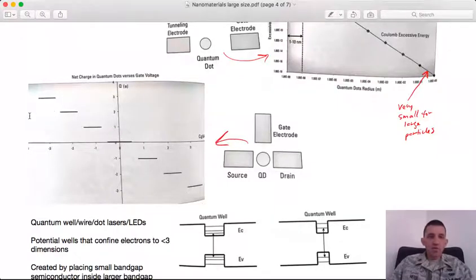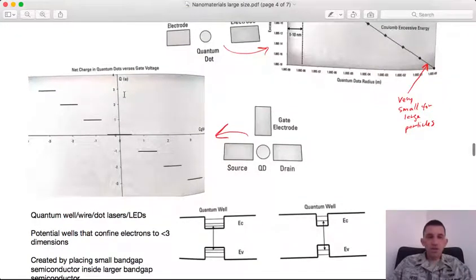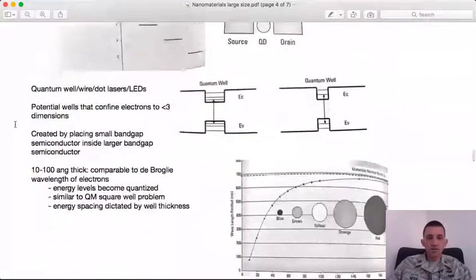So the charge in the device will jump discontinuously every time I add an electron, which is a departure from the continuous charge or voltage within the device as a function of the current that happens with a larger device.